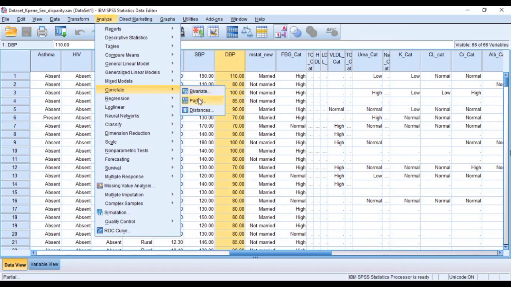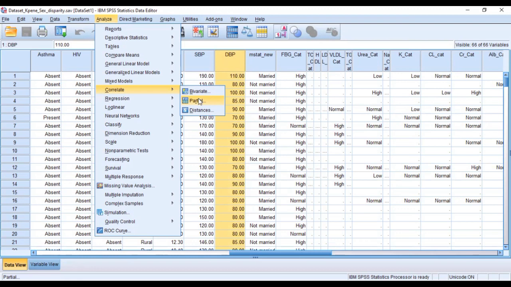Now for the second one, we are adjusting or controlling for some variables that have potentials to influence that association between those two quantitative variables. So literature may establish that so and so factors affect the relationship between age and systolic blood pressure.